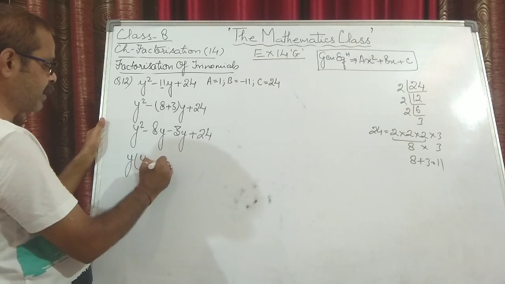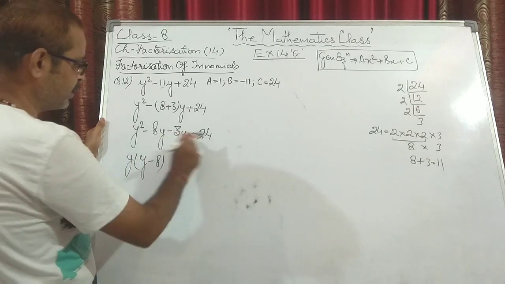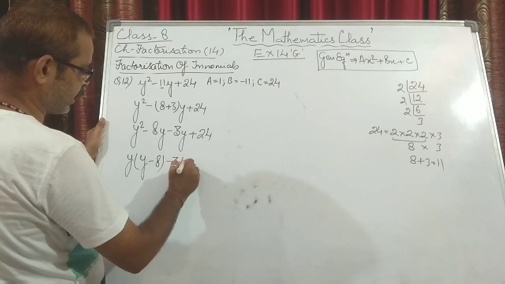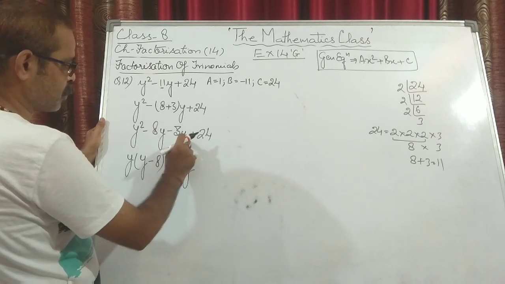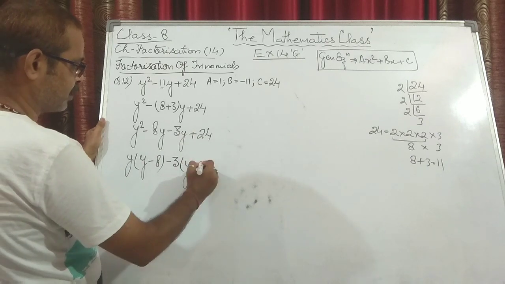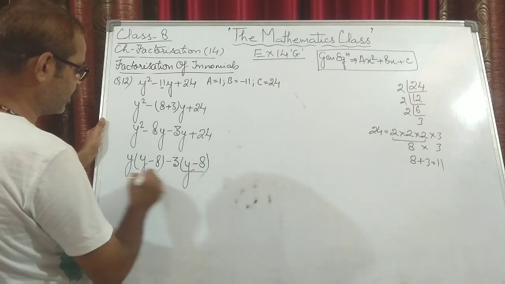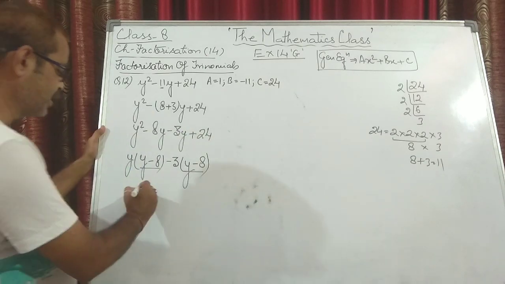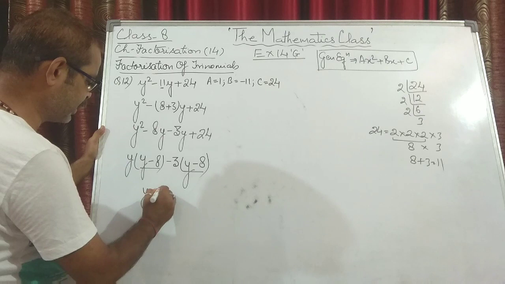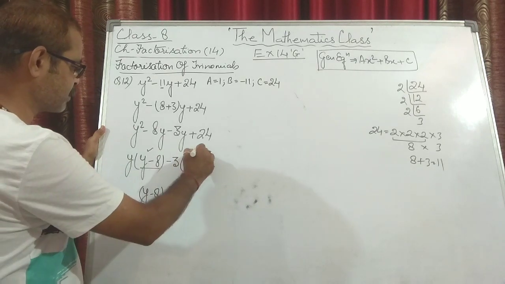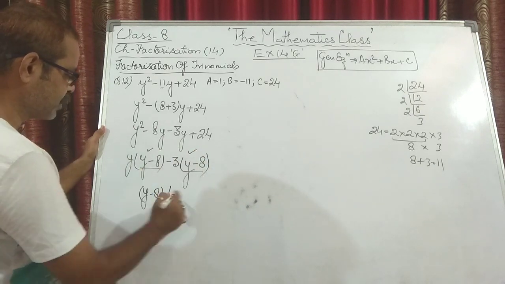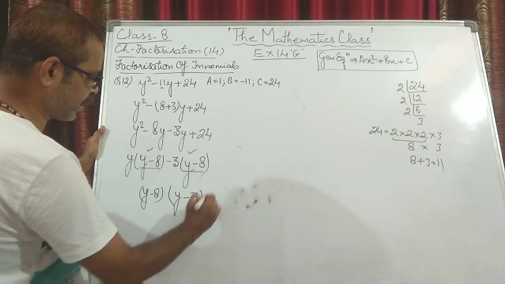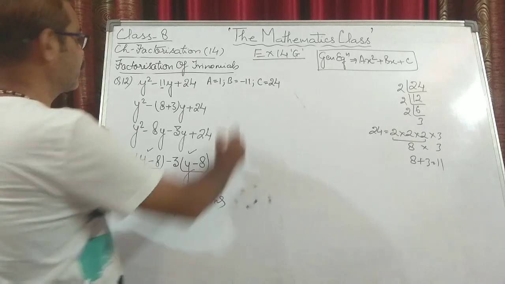We are left with y minus 8, and from these two we can take minus 3 common, so that we are left with y minus 8, and 3 8s are 24. You can see both these values are same, so our calculation part is alright. Now we can take y minus 8 common. What is left? y from the first bracket, and minus 3 from the second bracket, and that is the final value.